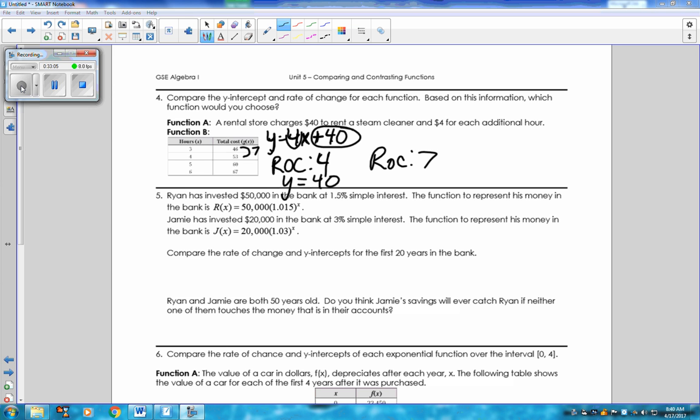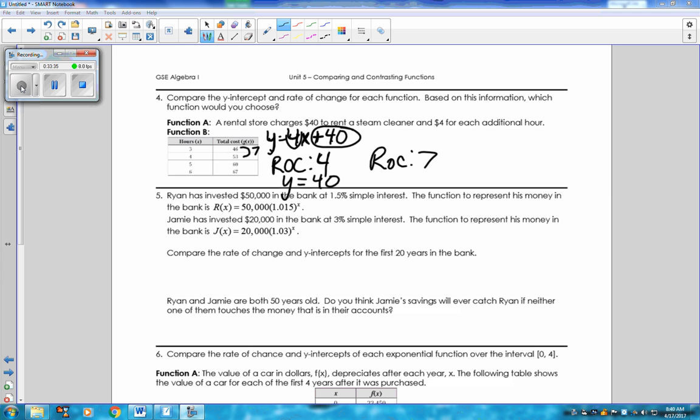Do not worry about the 3. To get from this number to this one, I added 7. To go backwards, you subtract. I'm going to subtract 7. Put your mouth on pause, please.